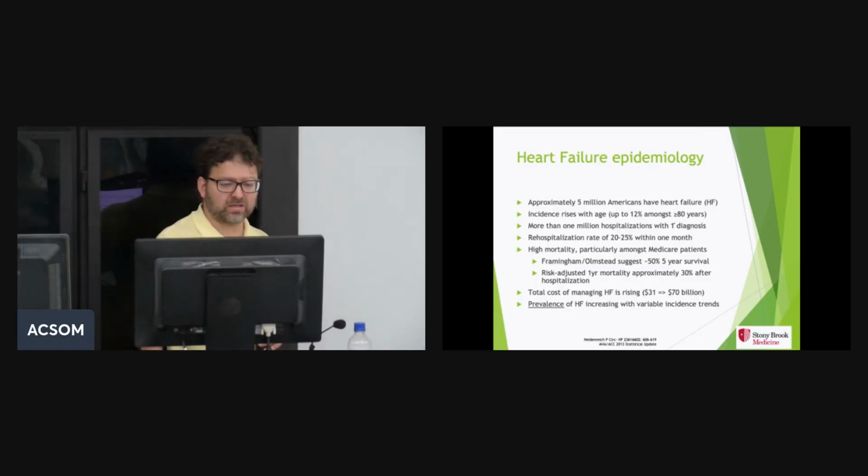There is a high mortality, particularly amongst older Medicare patients. Long-term studies in the Framingham and Olmsted cohorts suggest a 50% 5-year survival. The risk-adjusted 1-year mortality is approximately 30% after hospitalization.